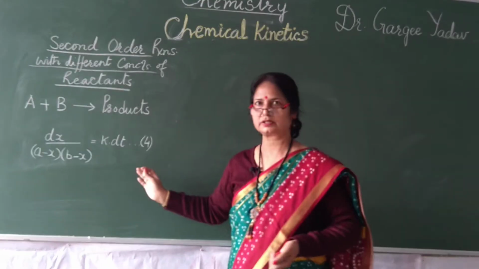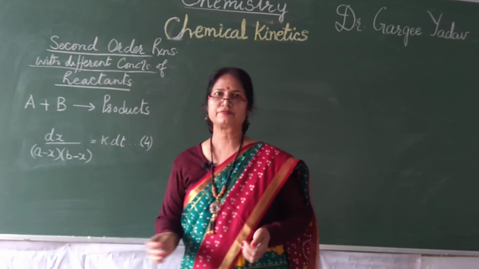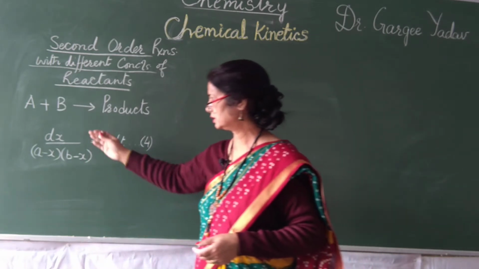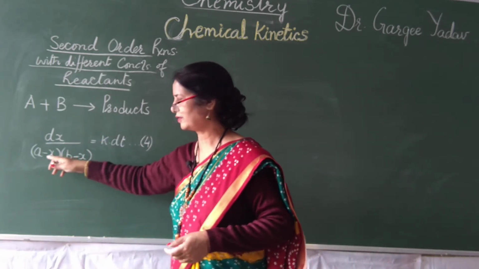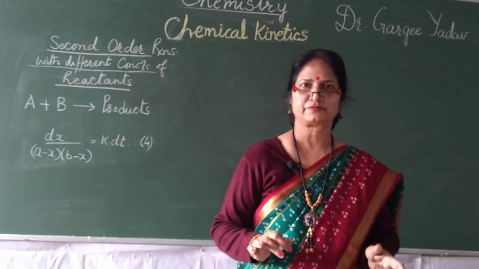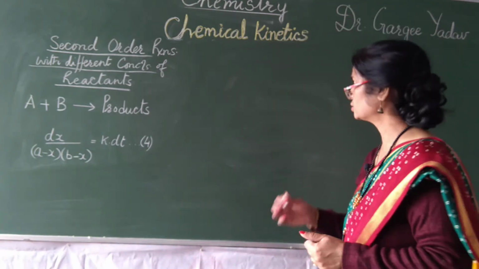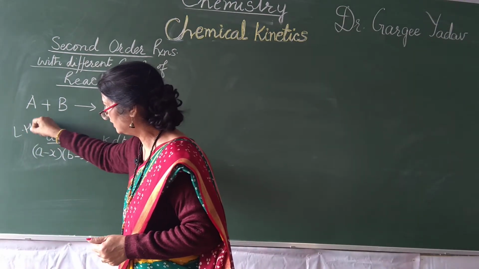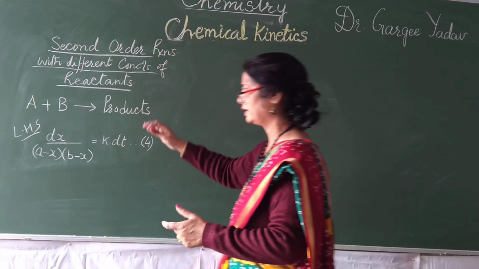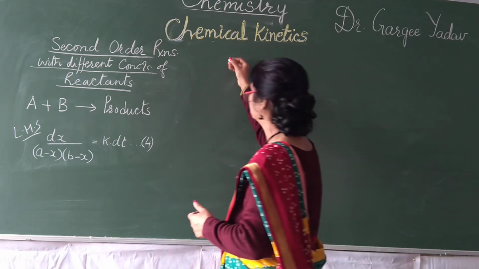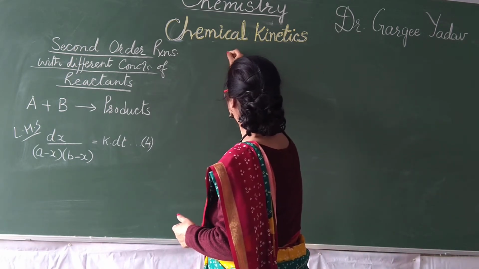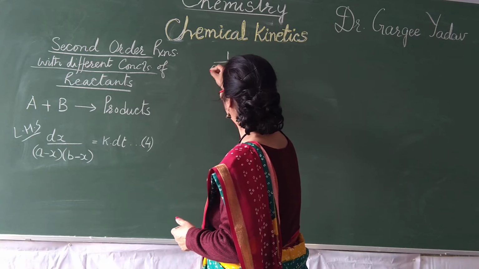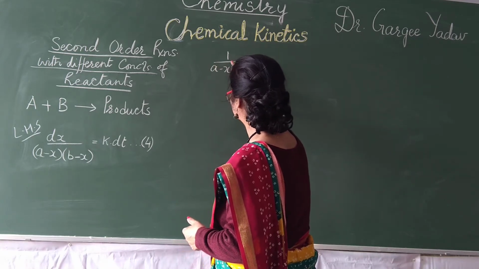Now to solve this equation, we have to integrate it, and we can't integrate in this fashion. We have to do the partial fractionation method. Come on, let's do the partial fractionation of the left hand side of this equation. So I will take only the left hand side, which is given by 1 upon (a minus x)(b minus x).